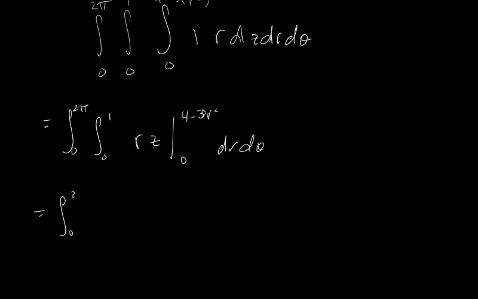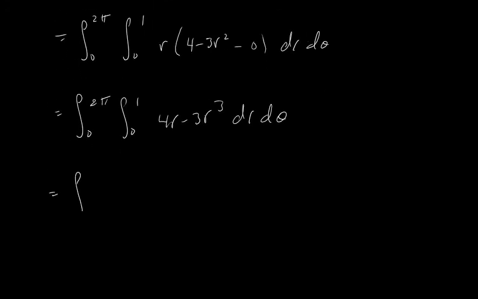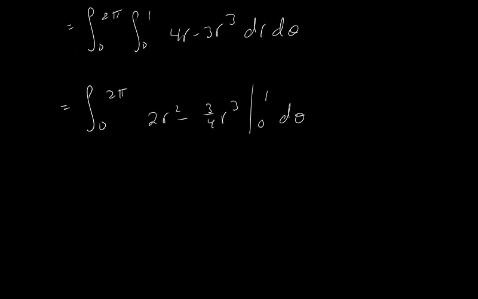So that's the integral from 0 to 2 pi, integral from 0 to 1 of r times 4 minus 3r squared minus 0 dr d theta. Distribute to simplify. Integral from 0 to 2 pi, integral from 0 to 1 of 4r minus 3r cubed dr d theta. Integrate. So from 0 to 2 pi of 2r squared minus 3/4 r to the fourth, evaluated from 0 to 1, we already did dr d theta.